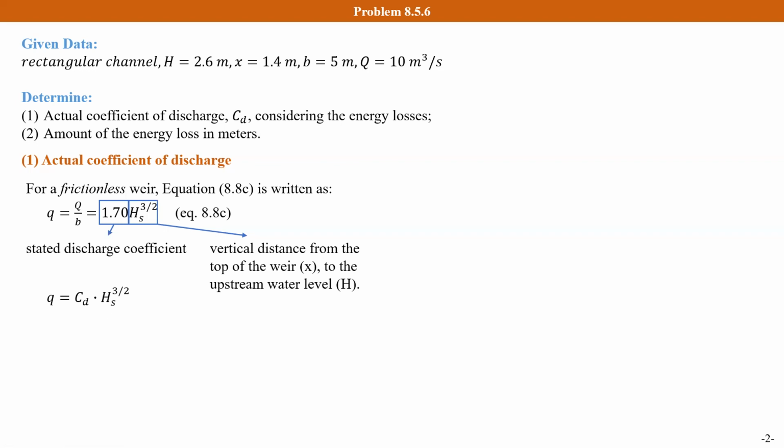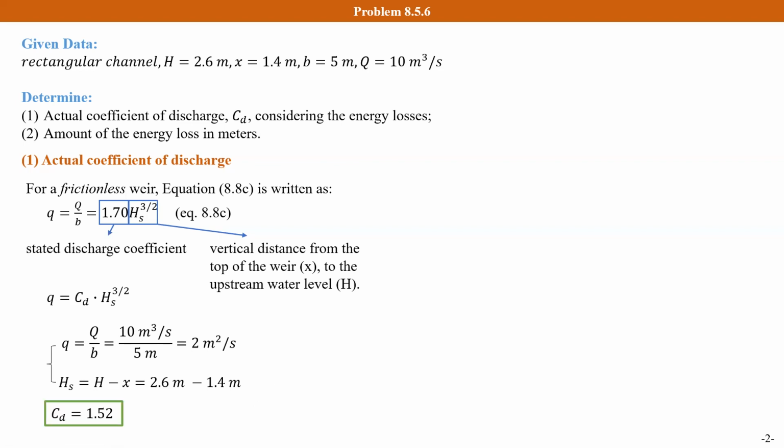And the q equals the capital Q divided by the width of the channel. It equals 2 meters squared per second. And h sub s equals the capital H minus the height of the weir. It equals 1.2 meters.